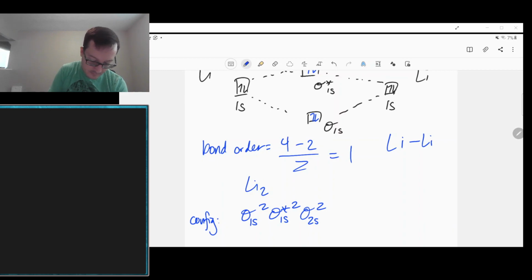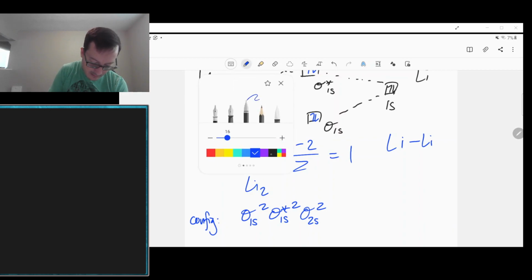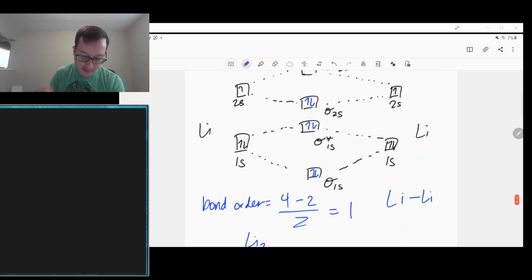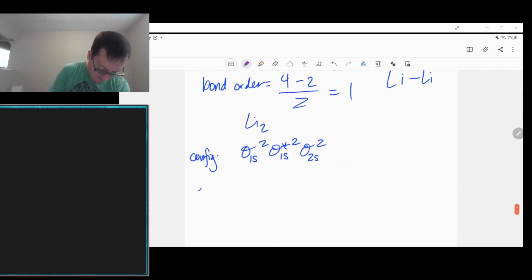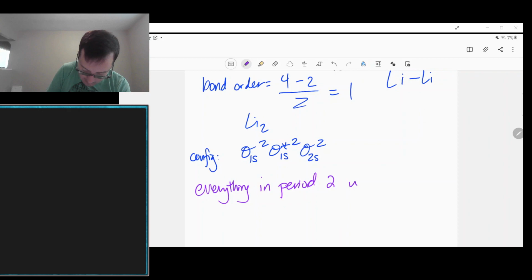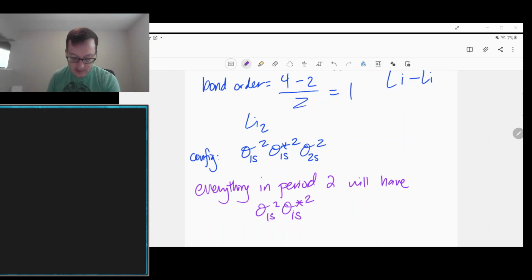All right, just for the future, because we're going to talk about more of these, I'm going to just omit the bottom half of all these. We're going to see everything in period 2 will have sigma 1s2, sigma star 1s2.